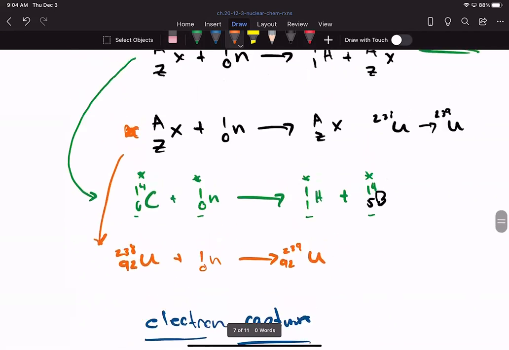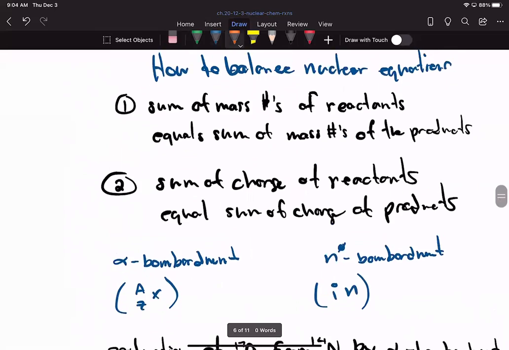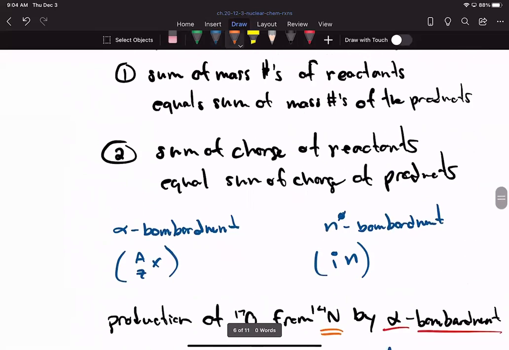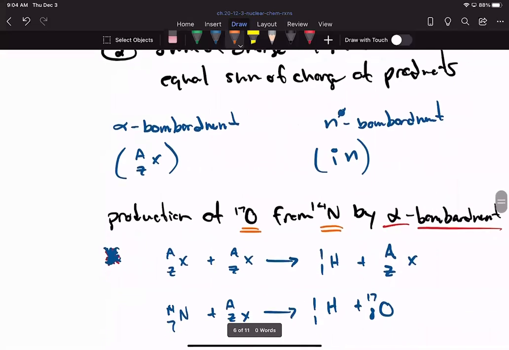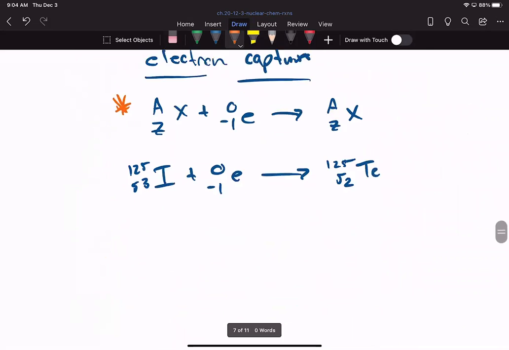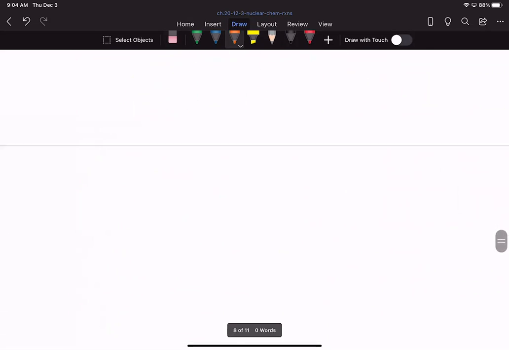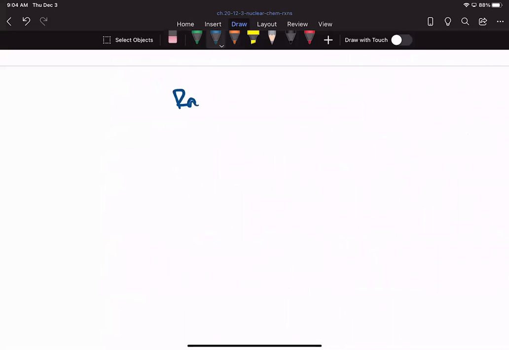All right. So this is when we bombard particles. We could still use these same rules when we talk about radioactive decay. So we've talked about neutron bombardment, alpha bombardment, and electron capture. Now we'll consider radioactive decay.